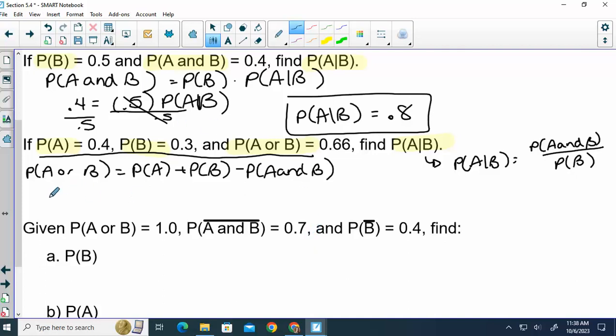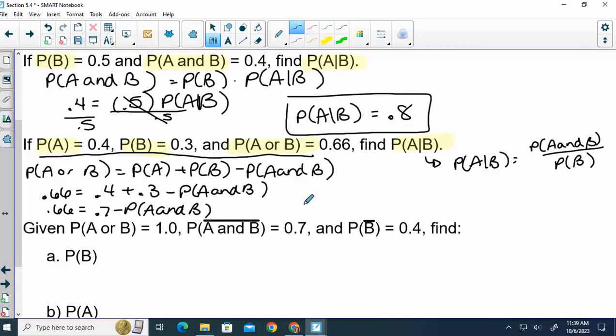So if I plug in that stuff, the OR is 0.66, probability of A is 0.4, probability of B is 0.3. So if I solve this, we get the probability of A and B to equal 0.04. So now I can plug that into here.